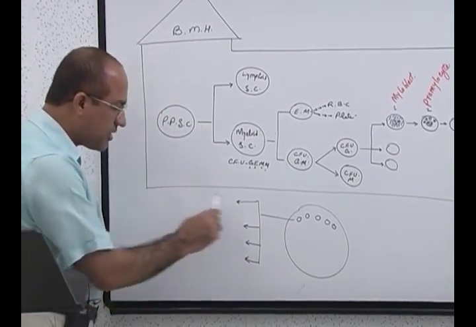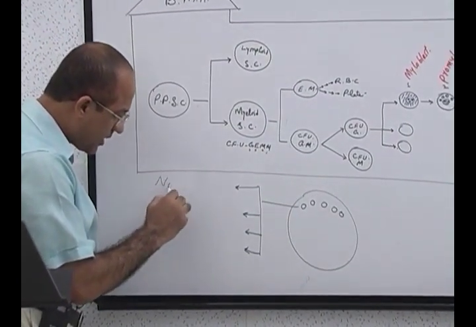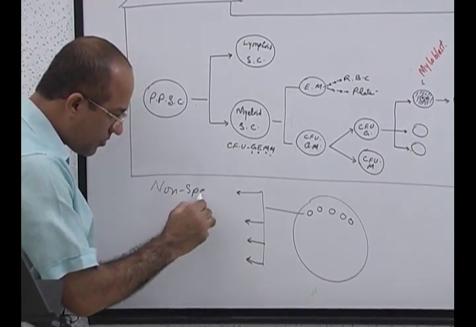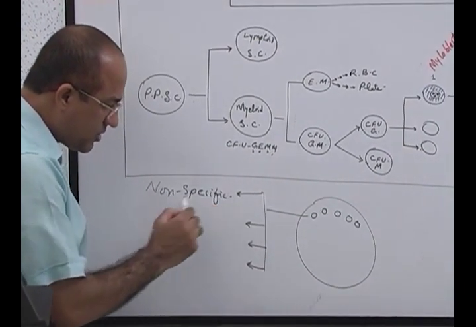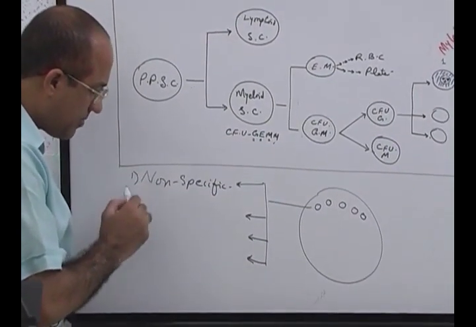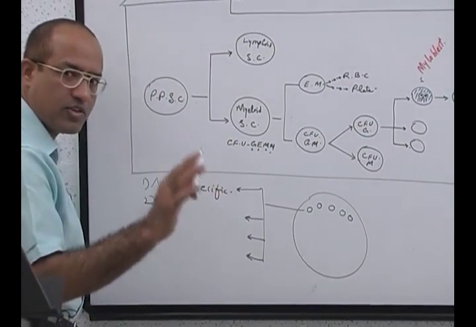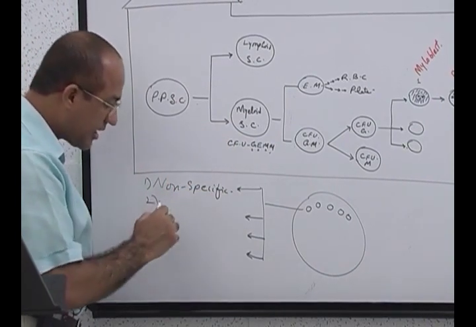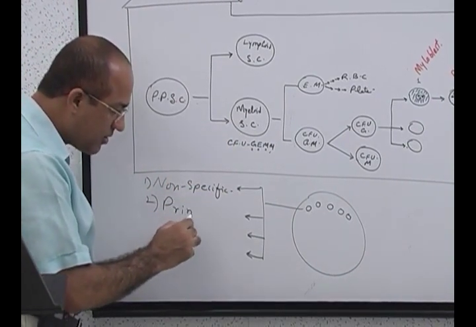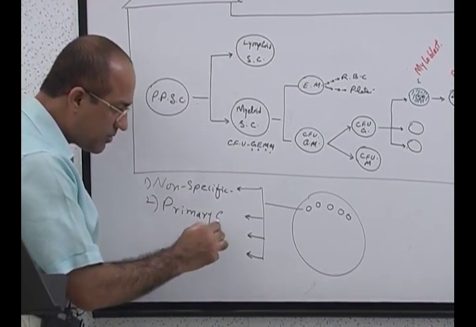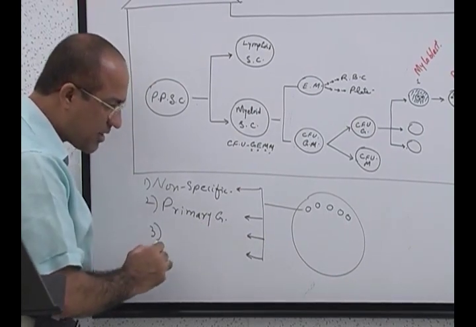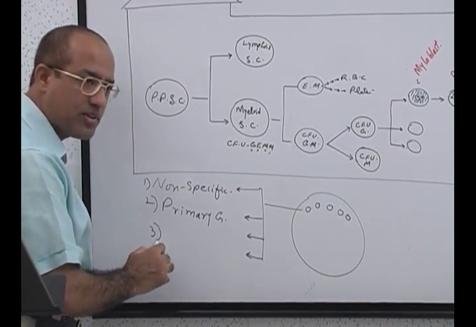These are non-specific granules, right? There is another name. The second name is, anyone who will tell me the second name? They are also called primary granules. Very good. Primary granules.